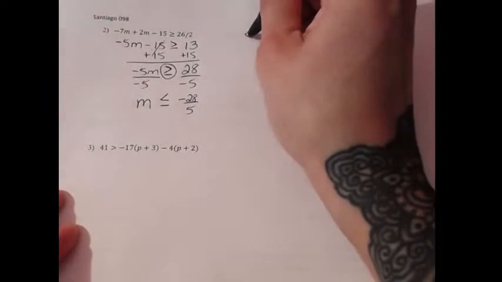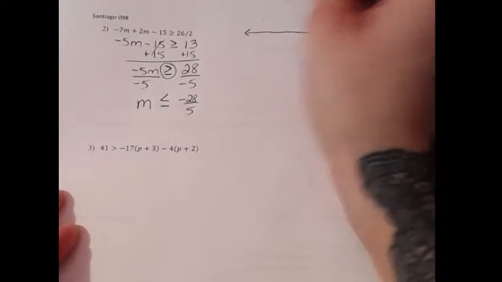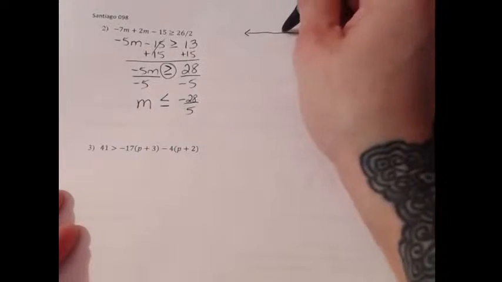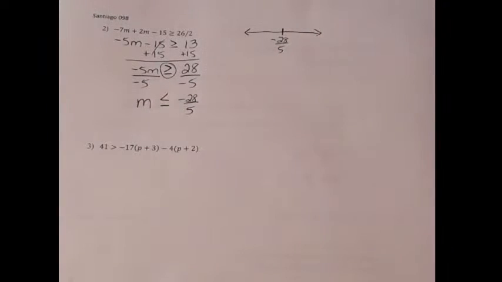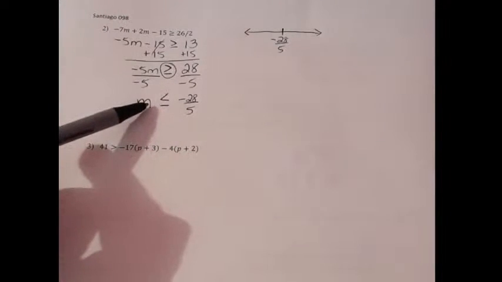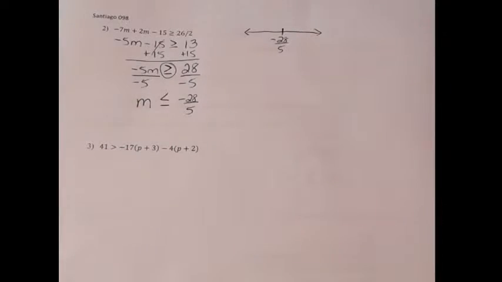So the next thing I'm going to do is graph this on a number line. So let's draw our number line. And I would like you to put negative 28/5 right smack in the center. Because remember, all we did is we shifted the number line over so that negative 28/5 becomes the center. Now, this says m is less than or equal to negative 28/5.